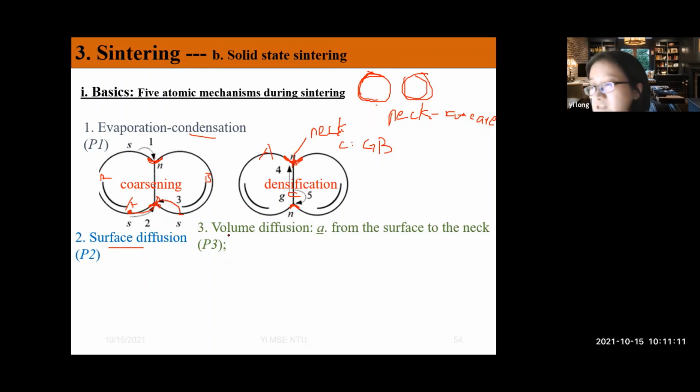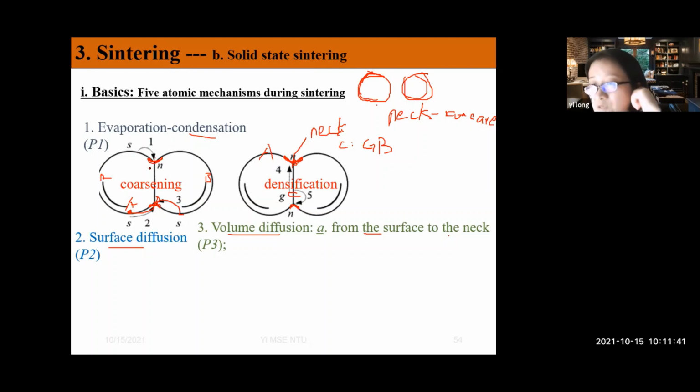That's why we say it's volume diffusion, which means your path is underground, not on the surface anymore. So from the surface to the neck, that is P3. So P1, P2, P3 all tell you that atoms move from the convex to the concave.